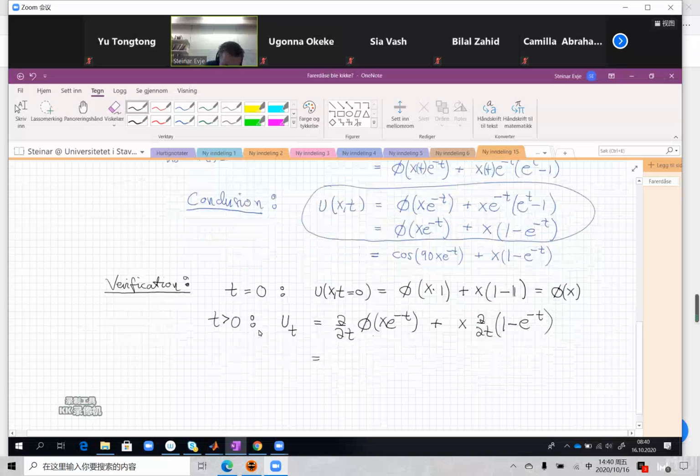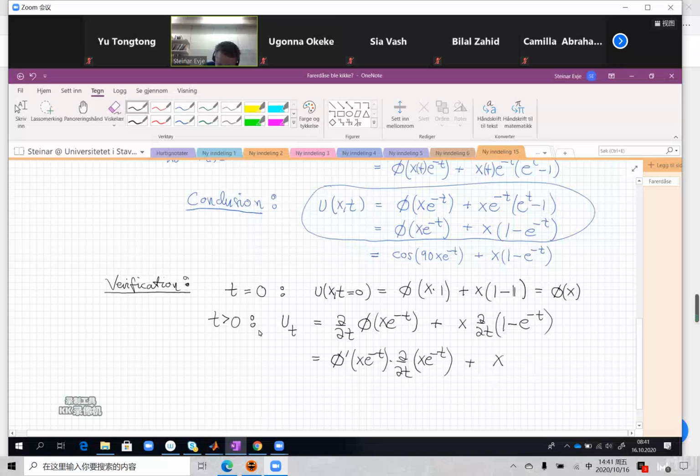Here we have to use the chain rule, and we produce the derivative with respect to its argument multiplied by the time derivative of its argument plus x, and then we can take the time derivative of this.